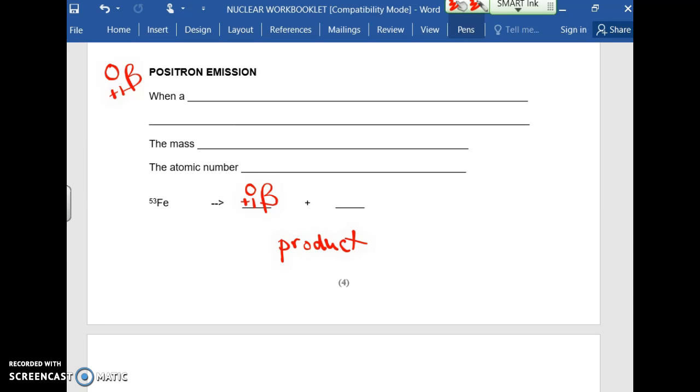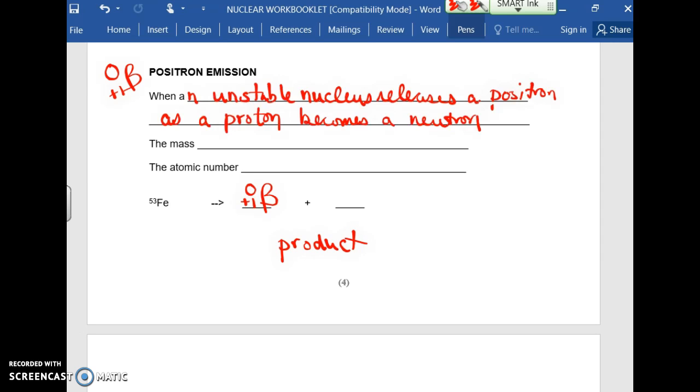Now, if beta decay was emitting a beta particle, positron emission must mean that an unstable nucleus is emitting a positron. Just as the positron is the opposite of an electron, the process that produces a positron is the reverse of the process that produces a beta particle.